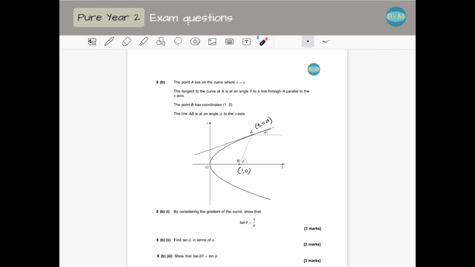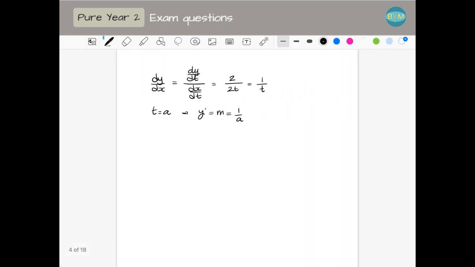But we know that the gradient is the tan of the angle. So you need to find the gradient of this line. Remember, the gradient is the change in y, y2 minus y1, the increase in y divided by the increase in x. That's the gradient of the line: difference in y divided by difference in x, and this triangle means increase.